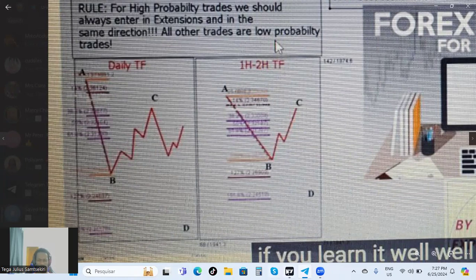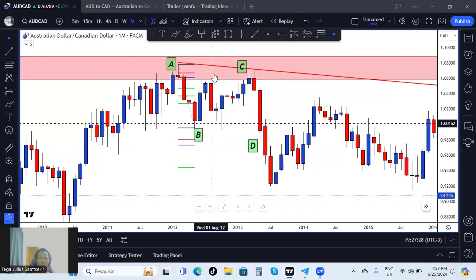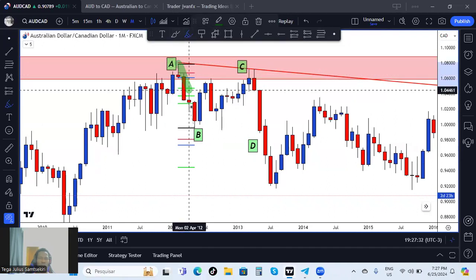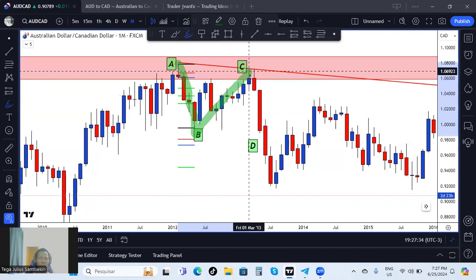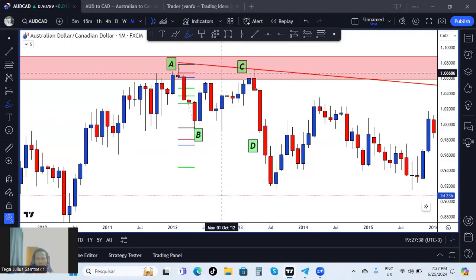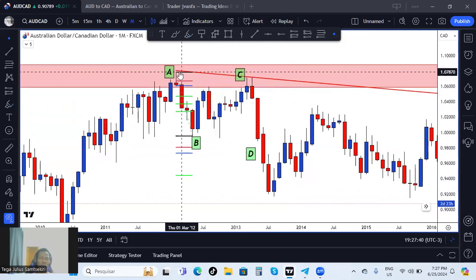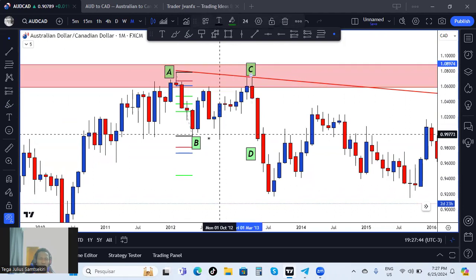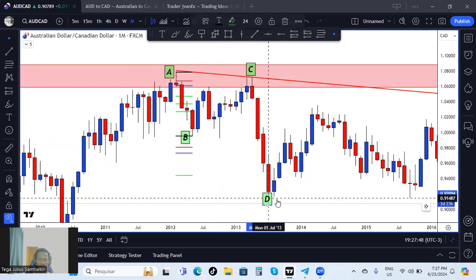I'm going to show an example here in the chart. As you can see, we have an extension, we have a retracement, and we have an extension. That is the sequence of the Fibonacci. We have the A, the B, and the C. This area is the C, this area is the B, and then we have the extension, which is here.